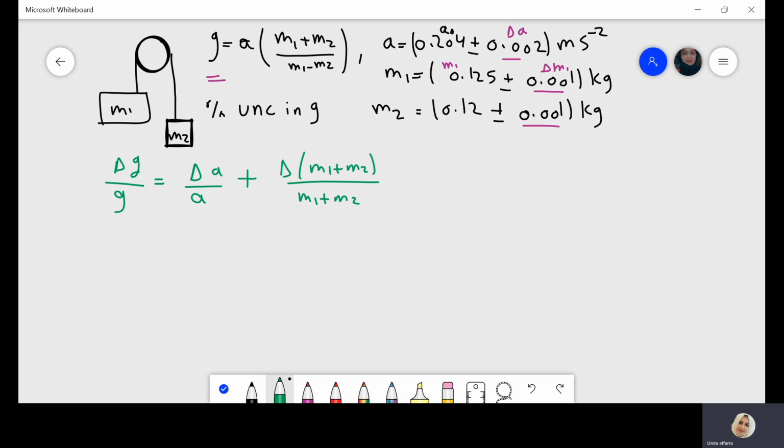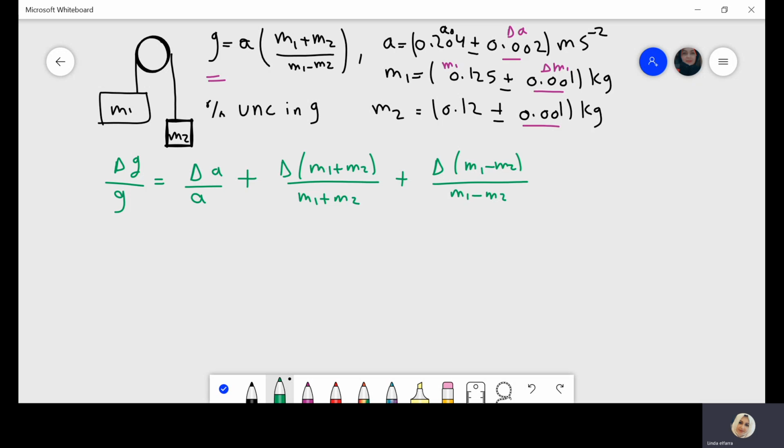This will give me the fractional uncertainty for the two masses, plus the absolute uncertainty for M1 minus M2 divided by the measured value for M1 minus M2. So this is the fractional uncertainty. All you need to do now is substitute.